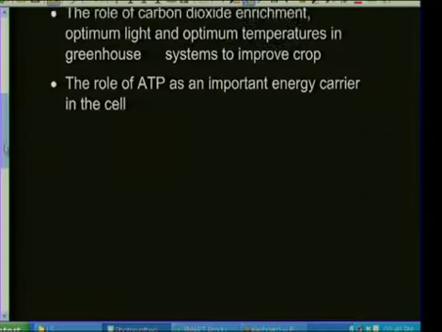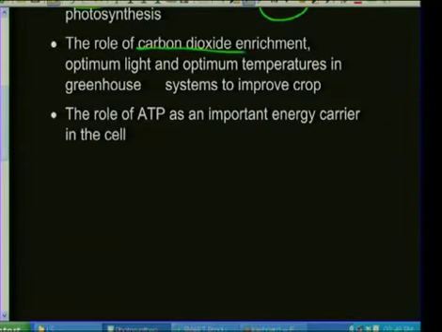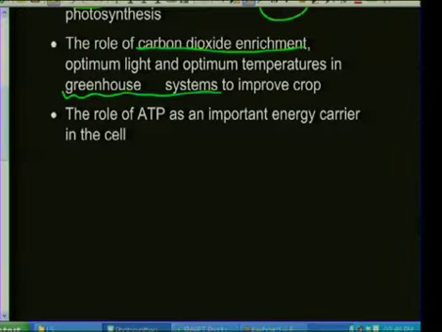We also want to look at the role of carbon dioxide enrichment. In other words, if we add more carbon dioxide to a system, how does that help in a greenhouse system? Not only carbon dioxide enrichment, but also optimum light. In other words, the most perfect light. Not too little, not too much, just right.